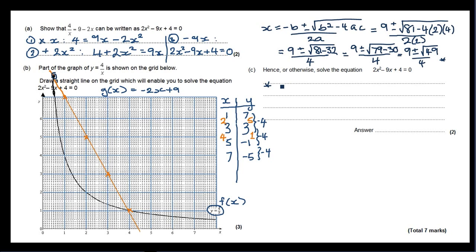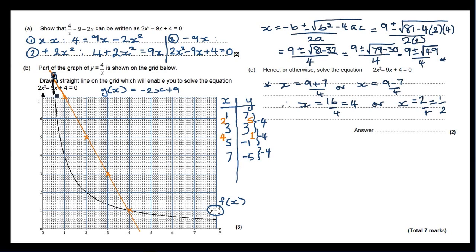I'm going to write it out more fully. x equals 9 plus 7 over 4, or x equals 9 minus 7 over 4. Therefore, x equals 16 over 4 equals 4, or x equals 2 over 4 equals a half.